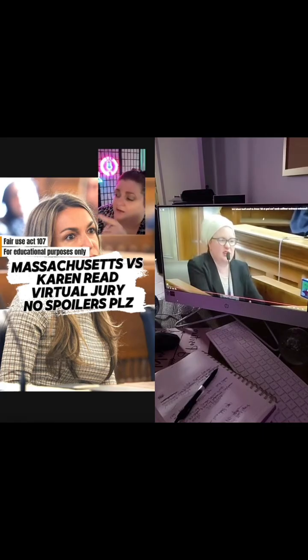Squirrel. Total squirrel moment. In the beginning of the trial, they had argued because the prosecution didn't want their witness brought in for questioning. They had to argue to get their witness brought in. It was a big argument outside of the jury.